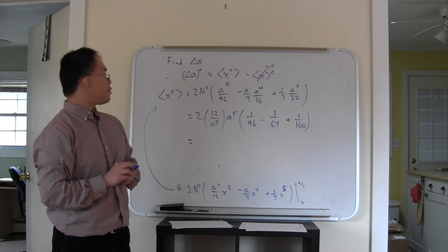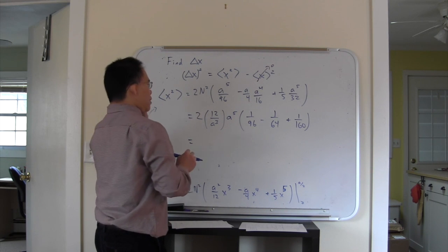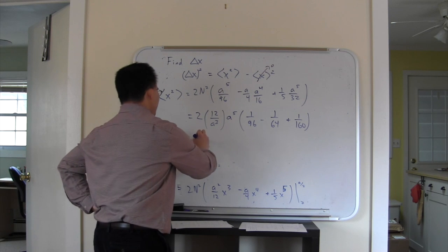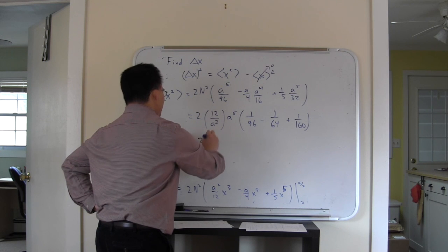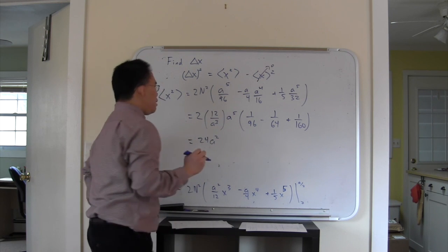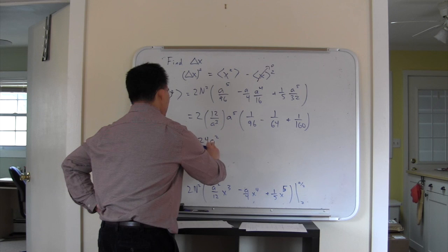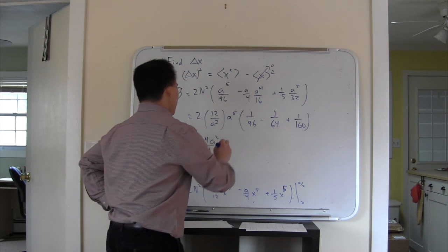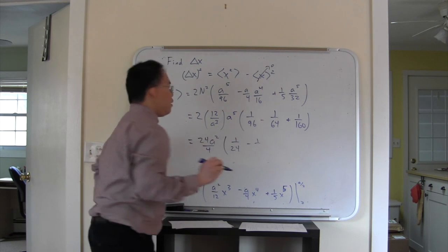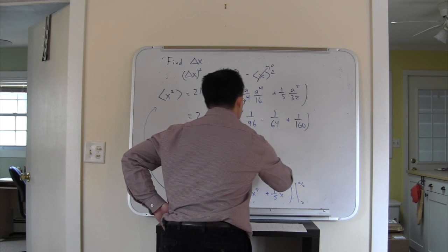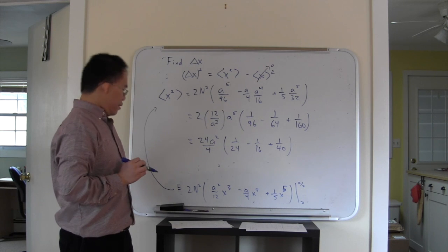I'll pull out factors of 4. So I have a 24 here, I have an a squared, I'll pull out a factor of 4. So that gives me 1 over 24 minus 1 over 16 plus 1 over 40.